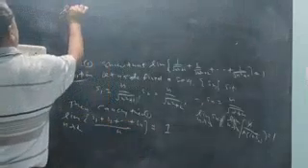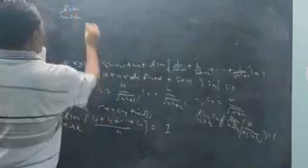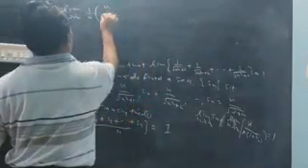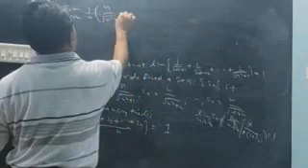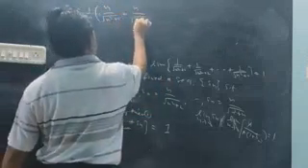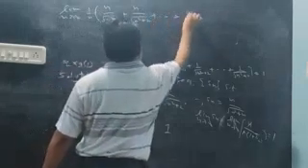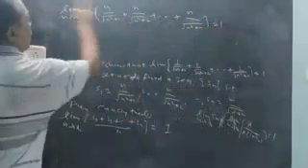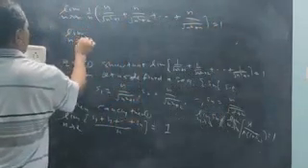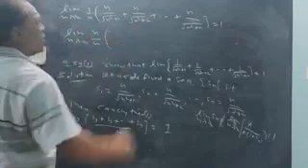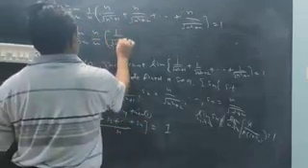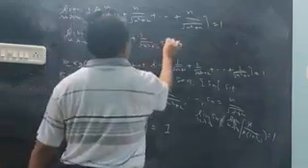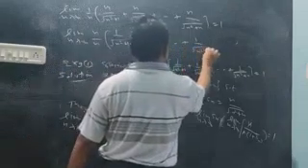So here, the limit as n tends to infinity, 1 upon n I take outside. Here S1 is n upon root of n square plus 1, S2 is n upon root of n square plus 2, up to n upon root of n square plus n, which is also 1. Take n common from each term, so 1 upon root of n square plus 1, 1 upon root of n square plus 2, in this way up to 1 upon root of n square plus n.